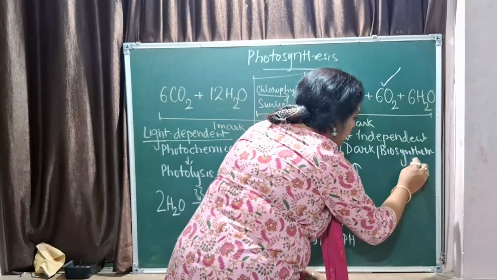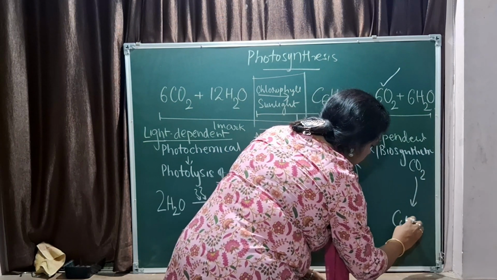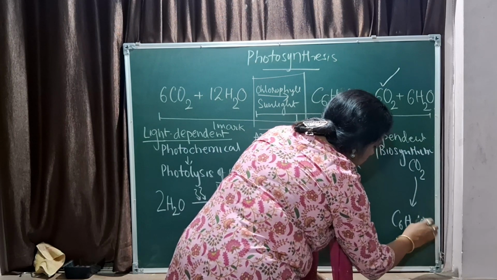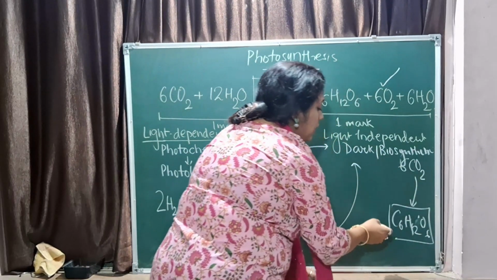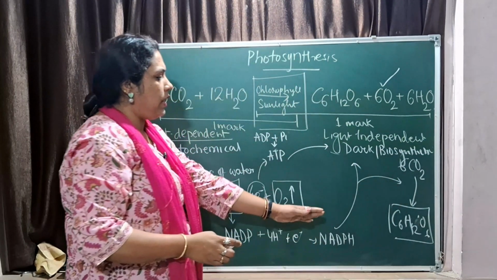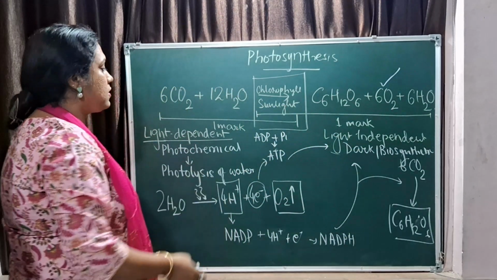So in dark reaction what happens? Carbon dioxide is taken in and glucose is formed, C6H12O6, okay, this is formed. All these things are required in the entire process, and it is a cyclic process. Again the electron will be released, it will come back into the dark reaction.